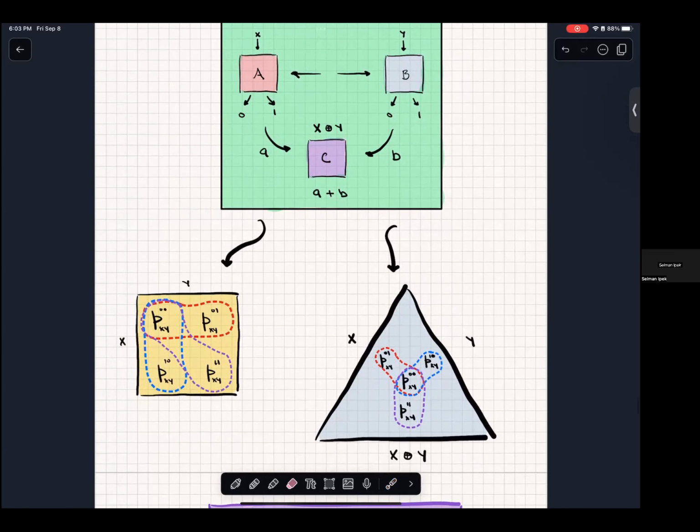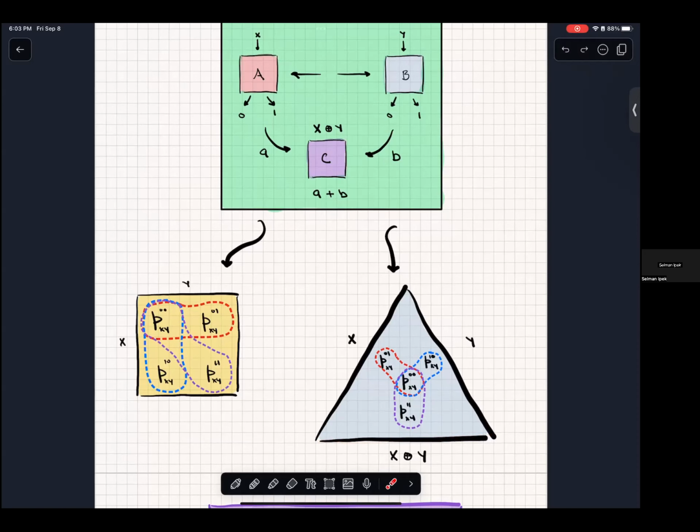Instead of just this square table, we're going to encode this into a triangle. So what are we doing here? We take each measurement, so a measurement input X for Alice is assigned to one edge of this triangle. A measurement input Y for Bob is another edge. And Charlie's measurement, the so-called XOR, is a third edge.